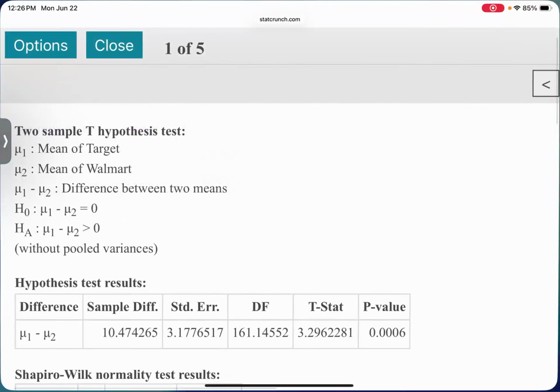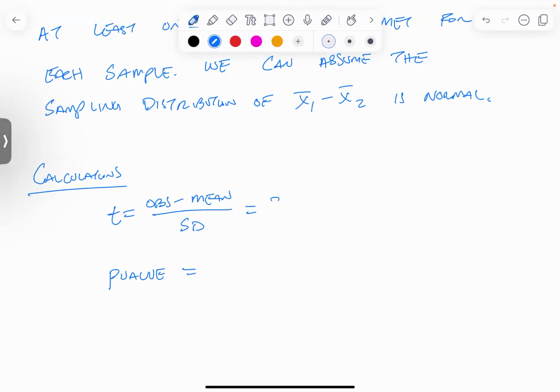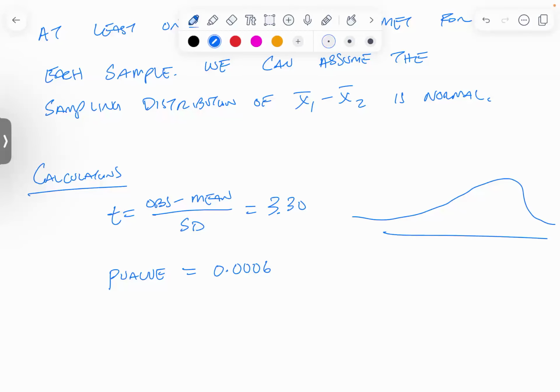The t statistic and the p-value, we actually already have that. That is the initial output presented in StatCrunch. So, all right, 3.30 and 0.0006. Let's draw a picture just to verify.